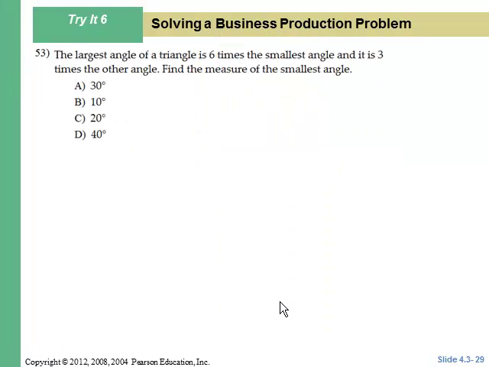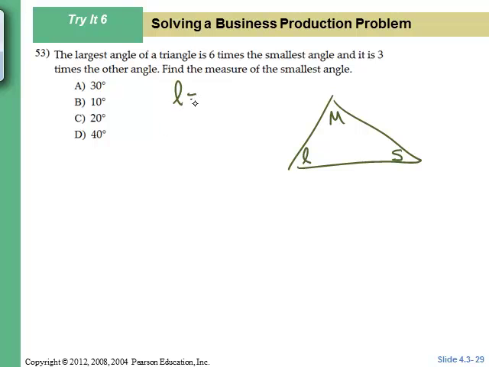The largest angle of a triangle is 6 times the smallest angle and is 3 times the other angle. So let's call them largest, smallest, and medium. Largest angle, L is 6 times smallest. L is 3 times medium.